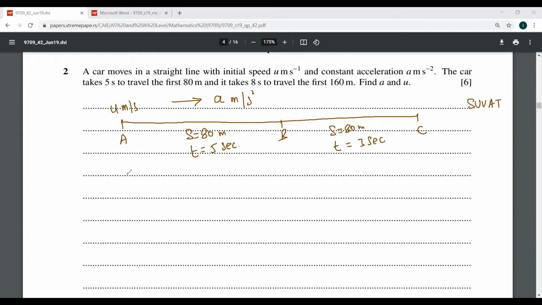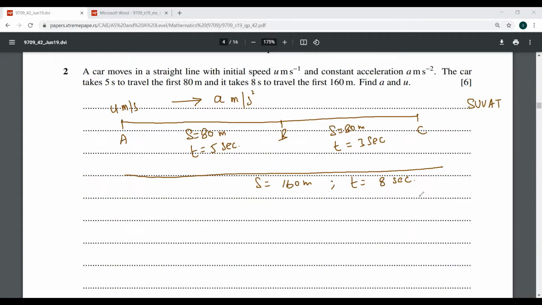Or you can also say that the distance AC is 160 meters, and the time taken for this is going to be 8 seconds. So we have to find the values of a and u. Once again, your algebra will be tested over here, and you need to recall the equations that we have learned before.